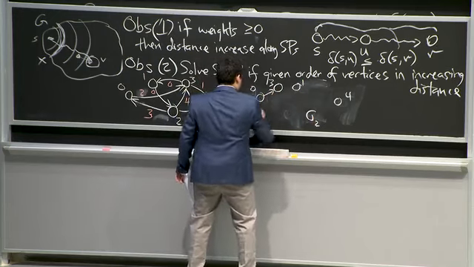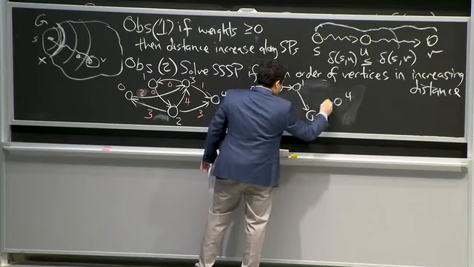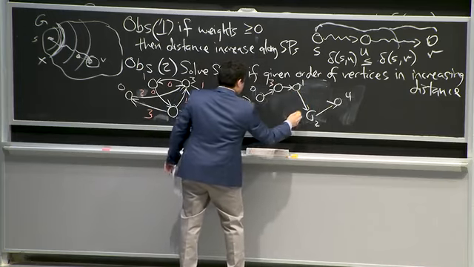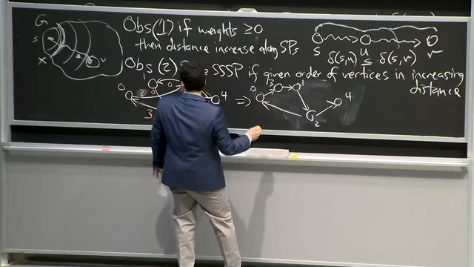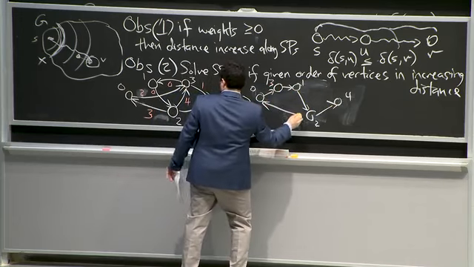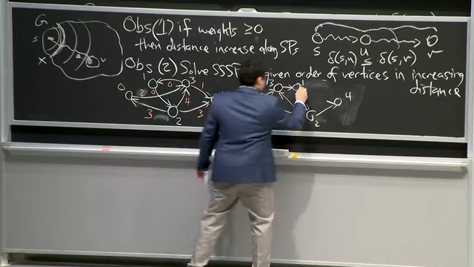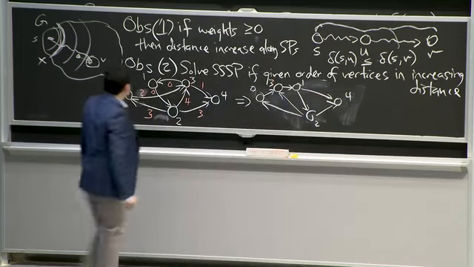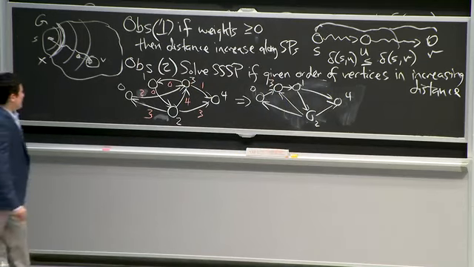And I have this edge, this edge, this edge, this edge, this edge. What am I missing? 2 to 3, and here. I think I have all of those edges. Yeah? Okay?